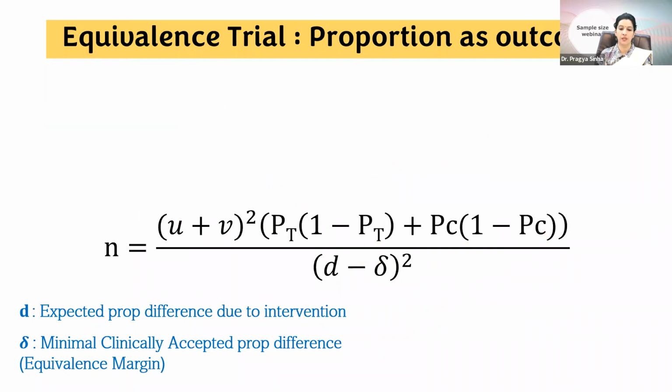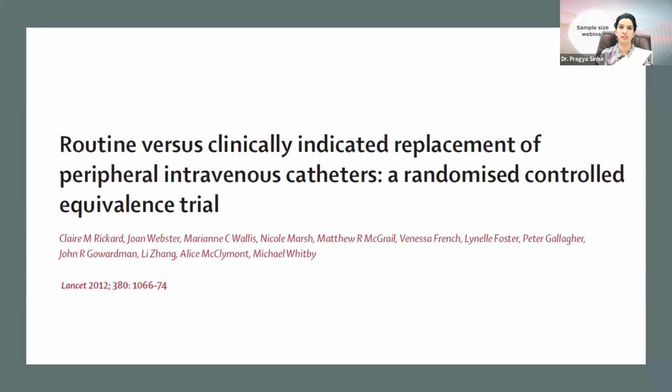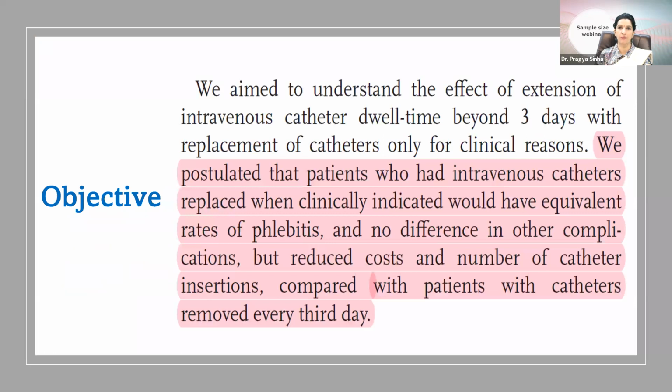There is one example: routine versus clinically indicated replacement of peripheral intravenous catheter, a randomized controlled trial. The objective was, we postulated that patients who had the intravenous catheter replaced when clinically indicated, that means instead of replacing the IV line every 3 days or at a fixed interval, is there any difference in the rate of phlebitis?